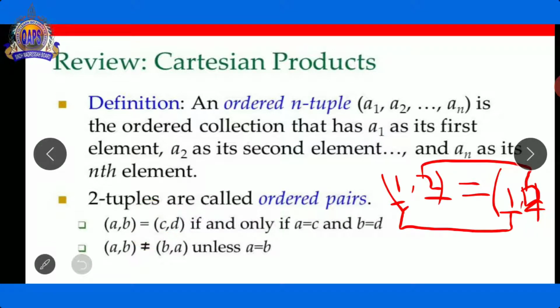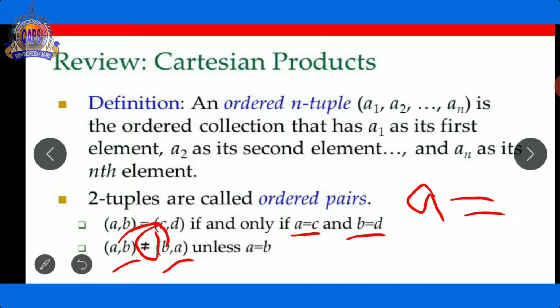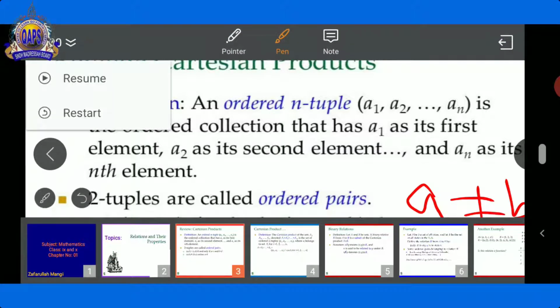Now again see here, second example: (a, b) does not equal (b, a), because we see here a is equal to c and b is equal to d. So that's why we can't say that a equals b and b equals a. So this is our main point.